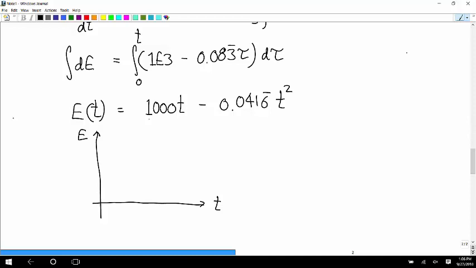And it's going to start out steep and trail off. This is a parabola. Any questions about that?